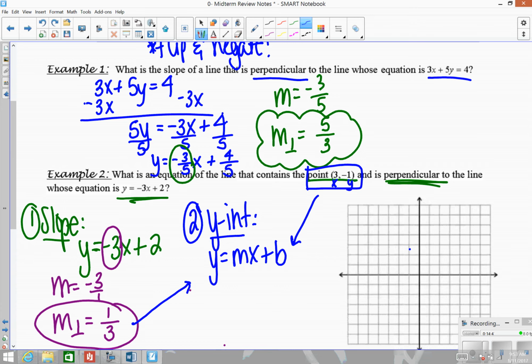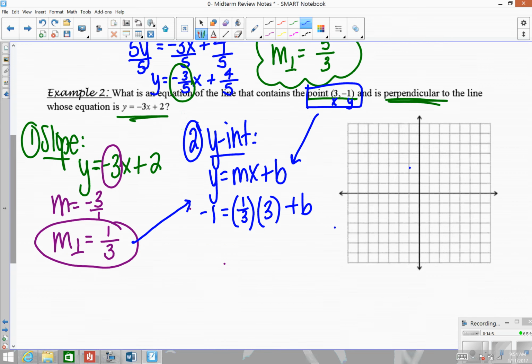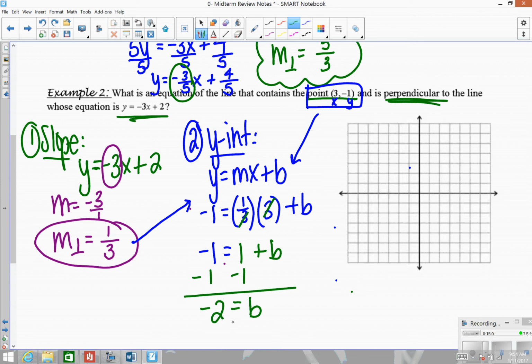You've got to use perpendicular. So I'm going to plug in negative 1. M is 1/3, and x is 3. And I'm going to solve for b. So I get negative 1 equals, these 3's cancel because it's like 3 divided by 3, plus b. Subtract 1, so you get negative 2 equals b.